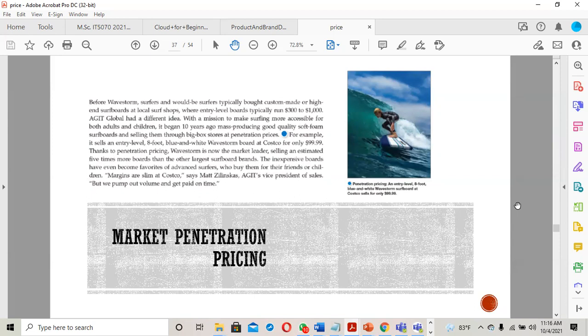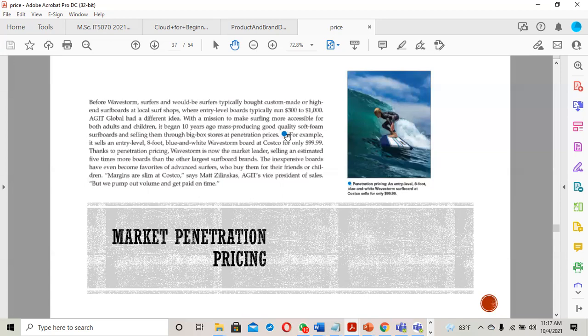Not everyone has that amount of money to spend on a surfboard. So they wanted to make these surfboards much more accessible to the general public. They thought, how about we bring this price down to $100? We are going to sell our surfboards at $100, and make sure it keeps to that amount.